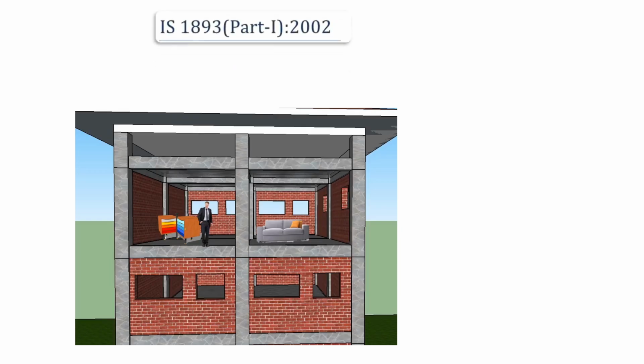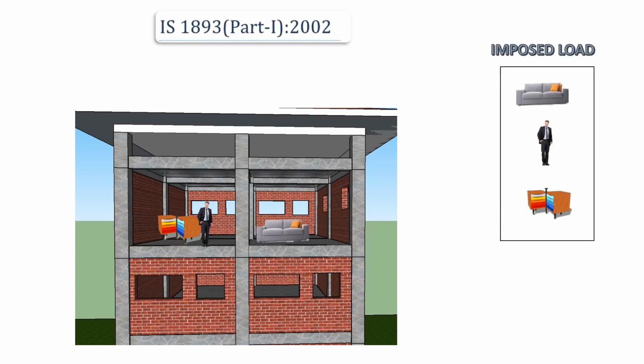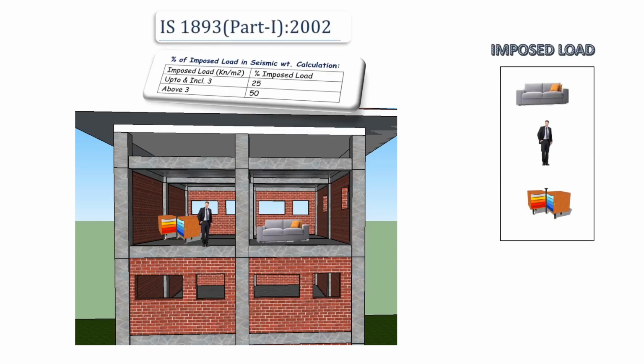Now if we see the imposed load in the earthquake loading, as per IS 1893-2002, we don't take the full imposed load. We can see that up to 3 kilonewton per meter square we take only 25% of the load, and above 3 kilonewton per meter square we take 50% of the imposed load. Why is it?